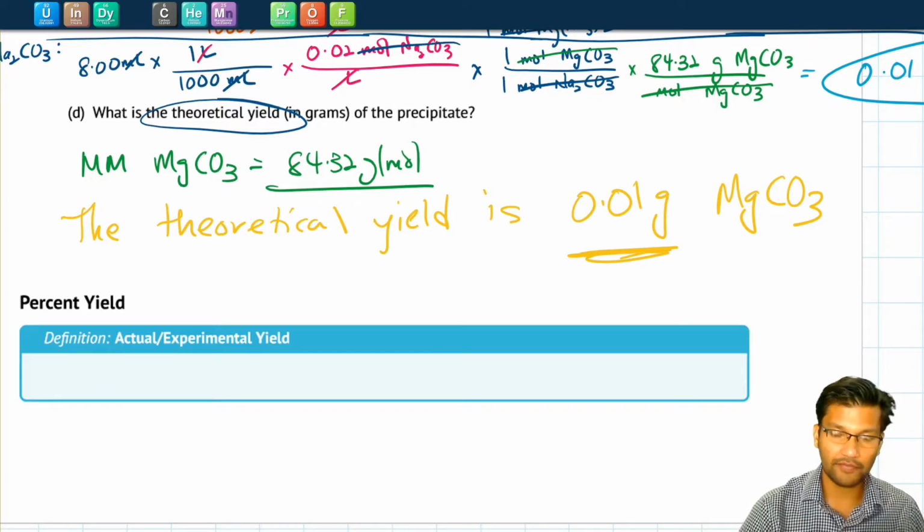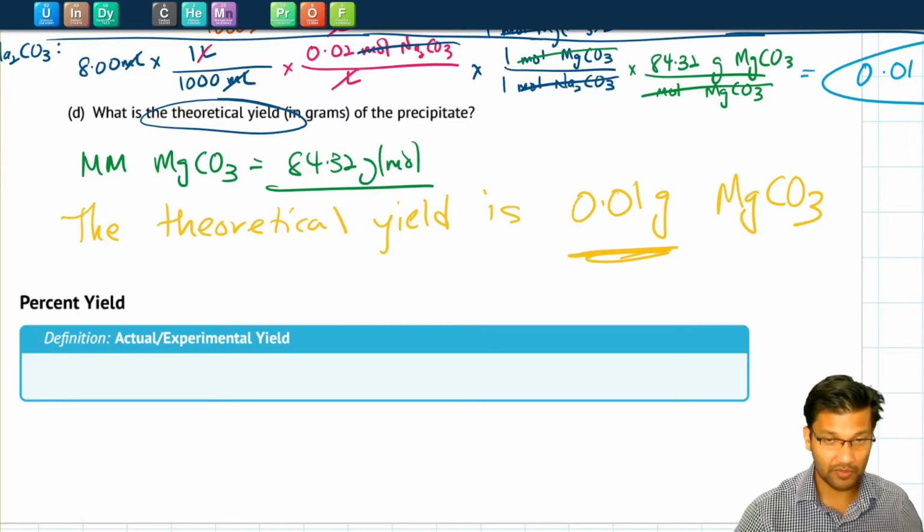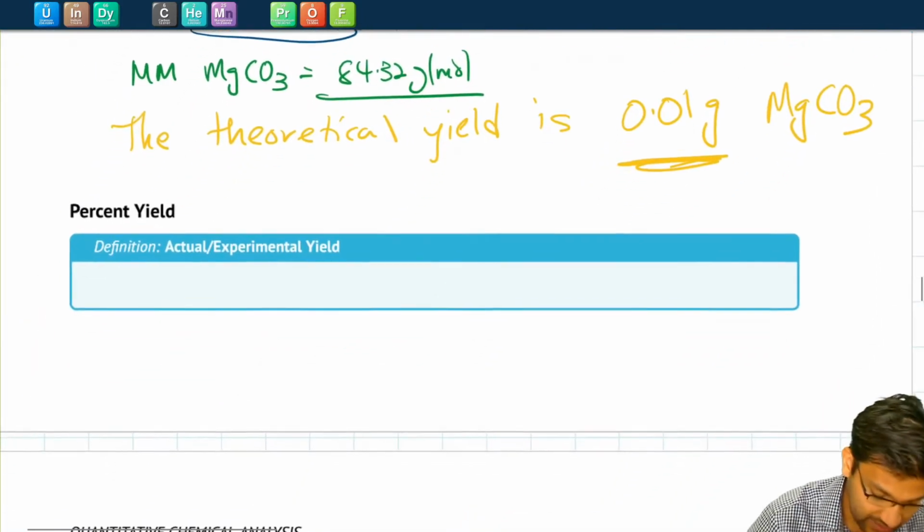However, in real life experimental settings, you will almost never get your entirely calculated theoretical yield from an experiment for various reasons. Something might go wrong, you lost a little chemical somewhere, maybe not all of the molecules react, things like that. So what you would obtain after you actually perform the experiment is called the experimental yield.